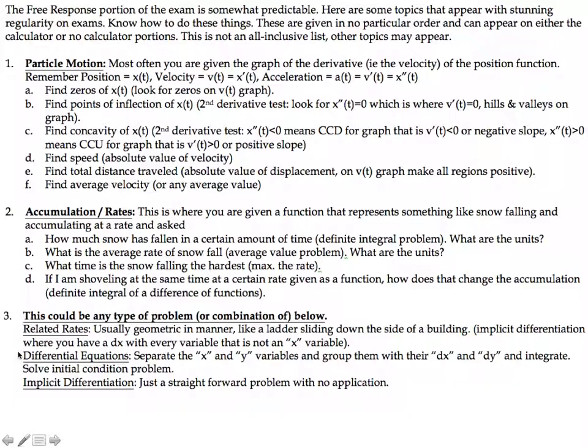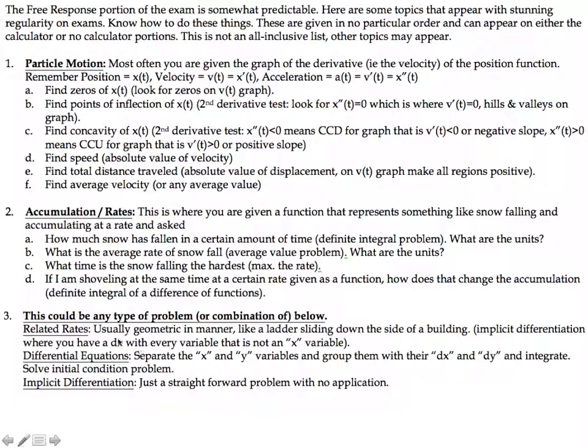So the third question is kind of a potpourri, not because it smells good, but because it's the catch-all where they do any topic, just so that after they look at the test and they realize what they're a little low on, they kind of insert a bunch of stuff in that one question. So it could be a related rates, like a ladder sliding down a building.